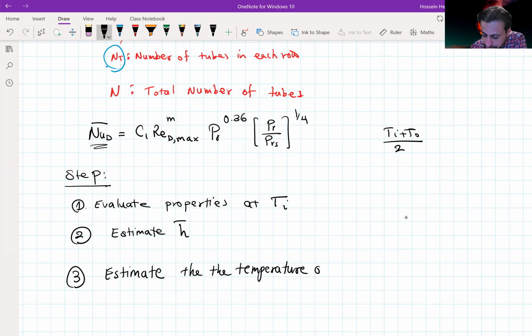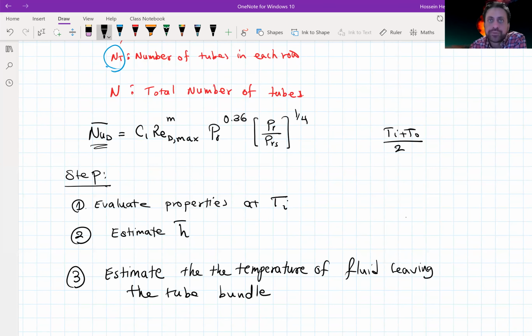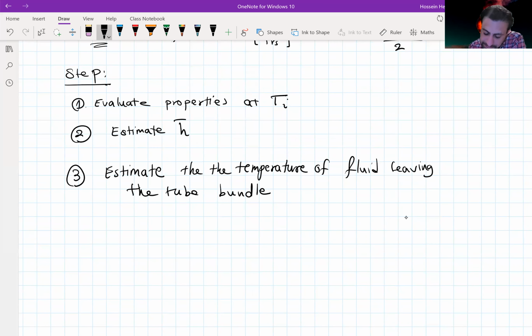the temperature of the fluid leaving the tube bundle. The way that we do this is using this relationship, (T_s minus T_o) divided by (T_s minus T_i).